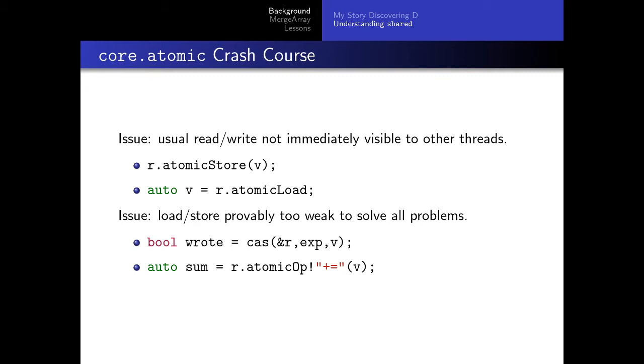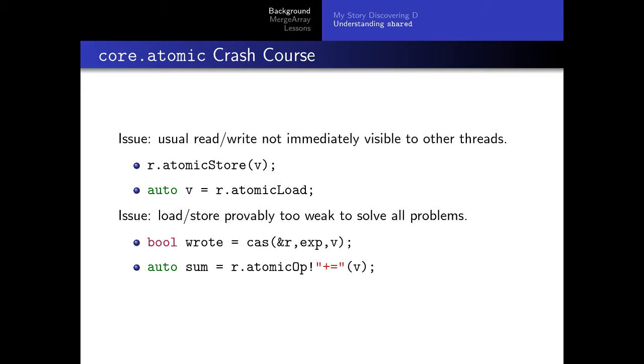So what D and other languages have is compare-and-swap, or CAS, which is a special primitive where you give it the address of the variable you want to change. You give it the value that you expect it to have, and if the register has that value in it, then you swap it with the value v that you want to replace it with.